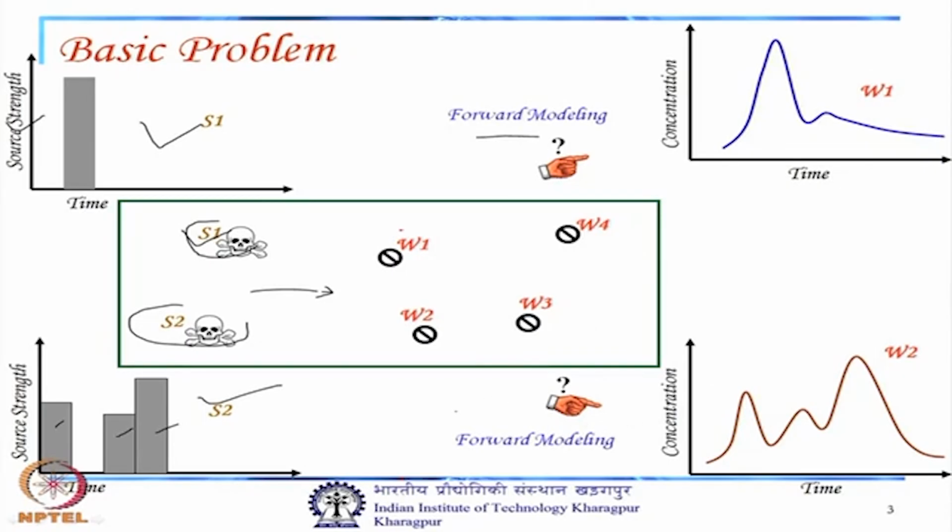And for W2 we can get a breakthrough curve with multiple peaks due to different strengths and their activity periods.